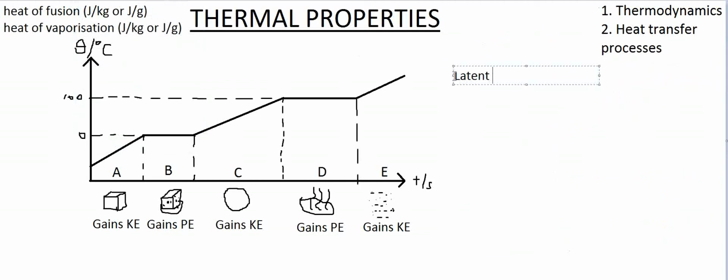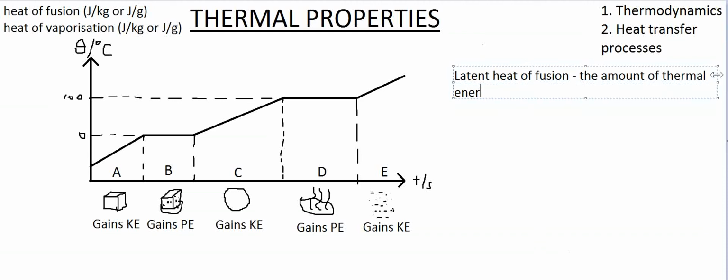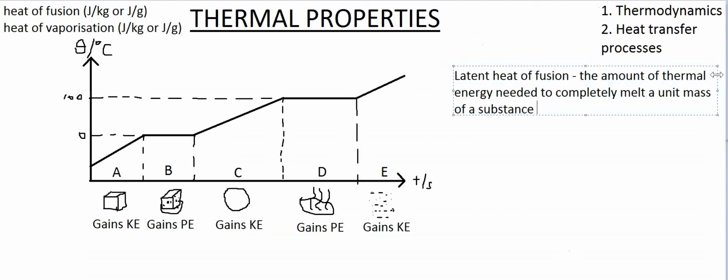Latent heat of fusion is the amount of thermal energy needed to completely melt a unit mass of a substance in the solid state.